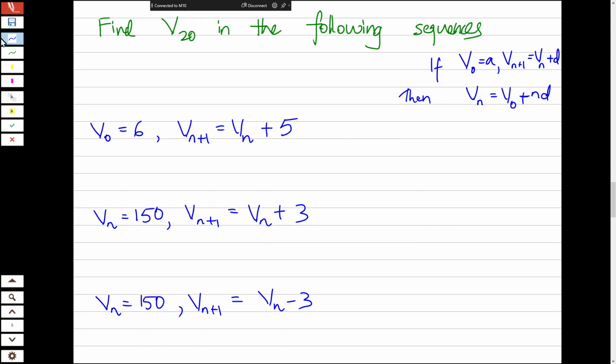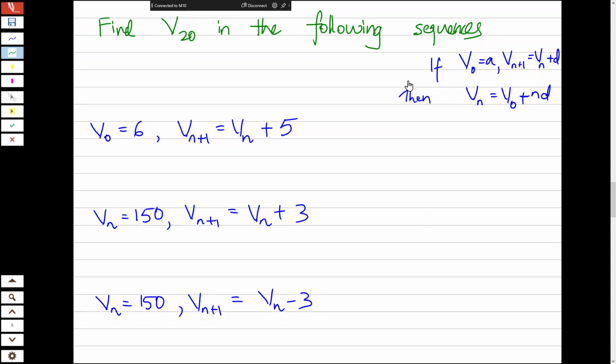Okay. All right, so the key skill in this part is if I give you a recurrence relation, you should be able to, number one, write down a formula for Vn, the nth term in the sequence, and give me a particular term. So if I ask for the 50th term, or the 100th term, or the 200th term, you should be able to use your formula to get that.